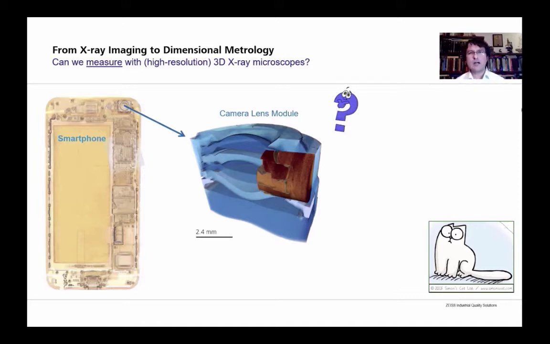But the question is, how accurate is that scale? When I'm asking this question, I'm specifically alluding to the metrology terminology. The question more exactly is, can we do high precision metrology with 3D X-ray microscopes? And the answer today is yes, because we found a way to do it with a metrology solution that can be implemented in 3D X-ray microscopes.